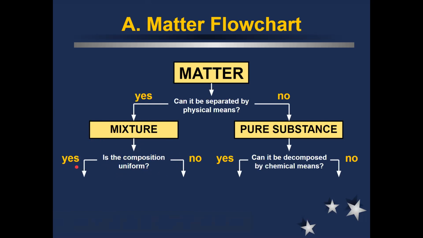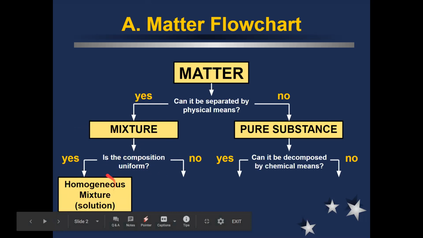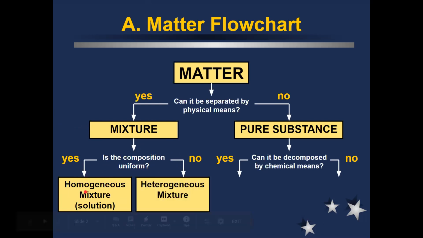If it is, then it's what's called a homogeneous mixture. Everything is all even and the same. If it's not all equal, if there's clumps of matter in this section, but this area is really empty, then it's called a heterogeneous mixture.